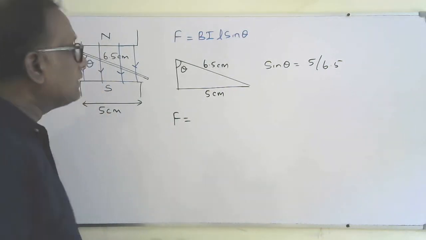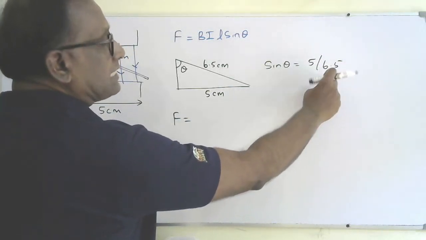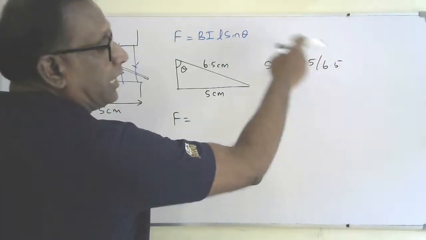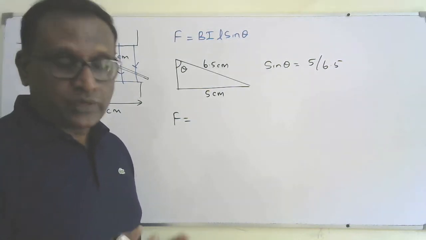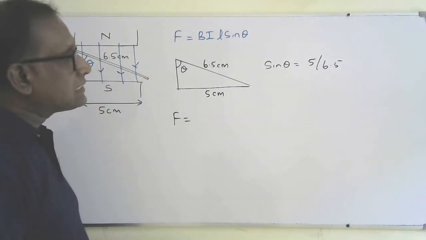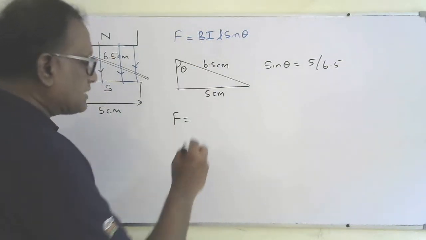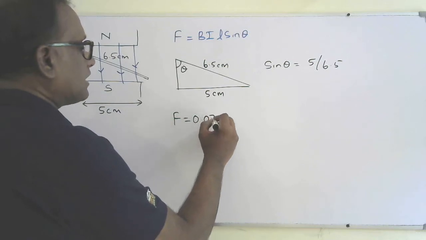We know the B, that I can write. The 5 and 6.5 should be in meters, but anyway, numerator and denominator 10 to the power minus 2 will get cancelled. So that's the reason I didn't write that. So F equals BIL sine theta. Here the magnetic field strength is 0.70.